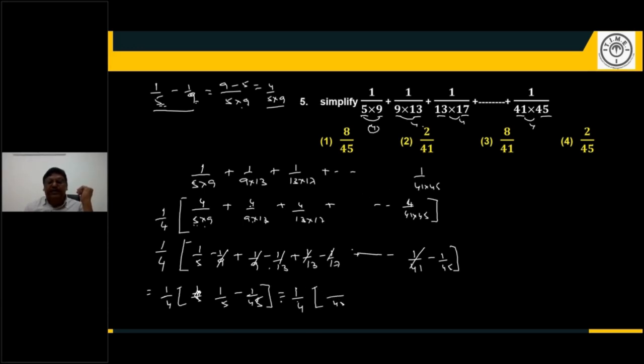LCM is 45, students. 5 goes 9 times, 45 goes 1 time. It is going to be 1 by 4 into 9 minus 1, 8 by 45. You can see 4 twos, so it will be 2 by 45. Your answer is choice 4.